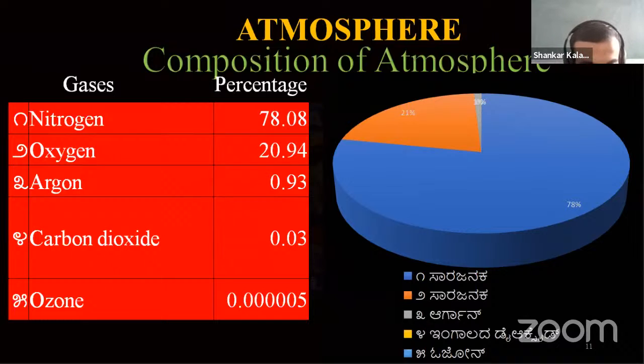Even though it is very little, it is able to protect us from the dangerous, very harmful ultraviolet rays of the sun. The percentage in the atmosphere is small, but even so it helps us take protection from the ultraviolet rays of the sun.